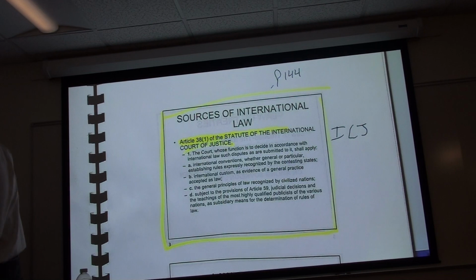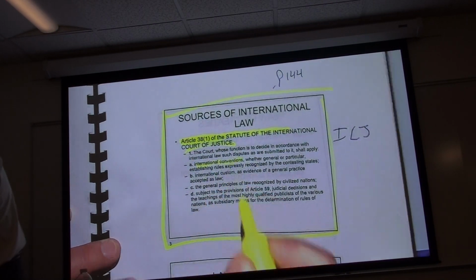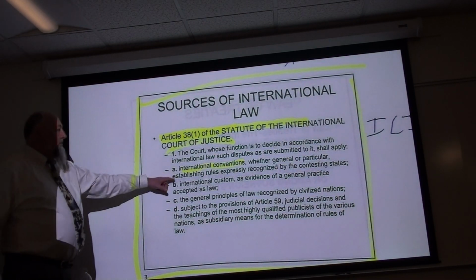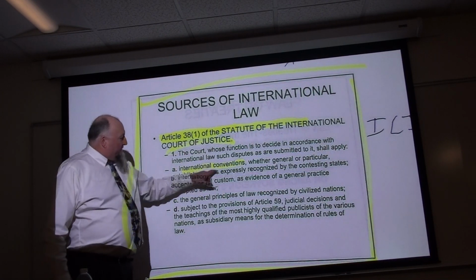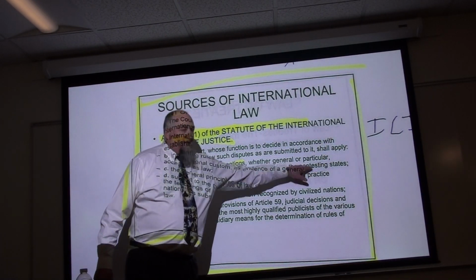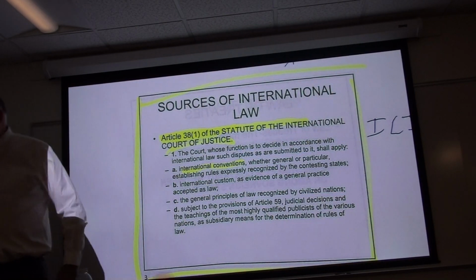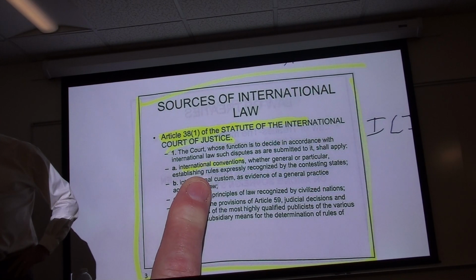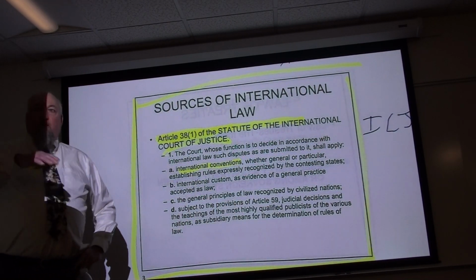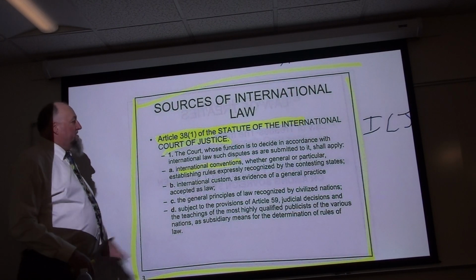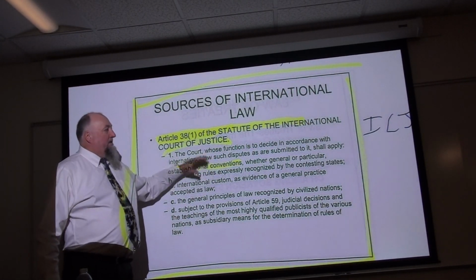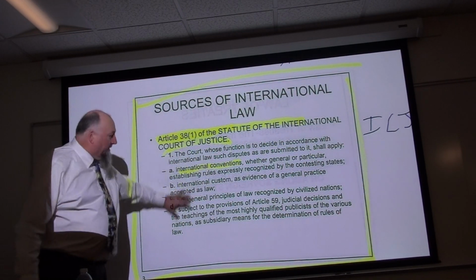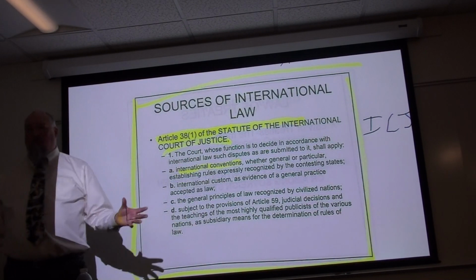So first of all, international conventions, whether general or particular, establishing rules expressly recognized by the contesting states. In plain language, treaty law, right? So back to the idea, if we have a case in front of the International Court of Justice, the member states have agreed to the jurisdiction of the court, the authority of the court, and also they've agreed to apply this order of law internationally between them.